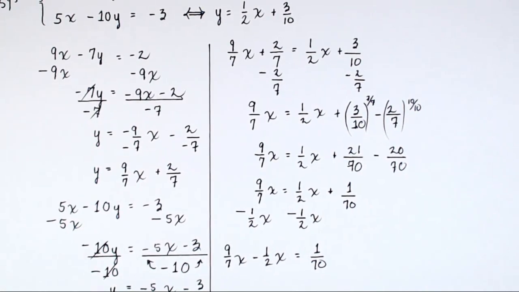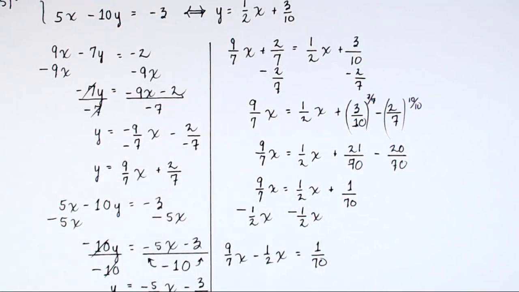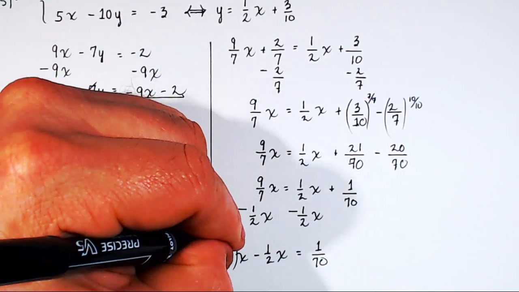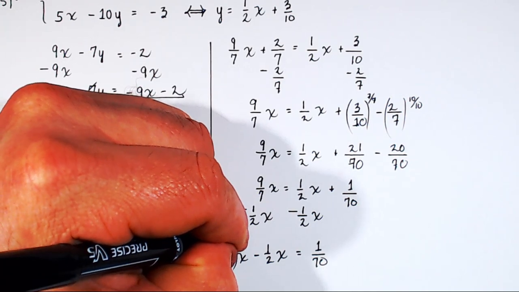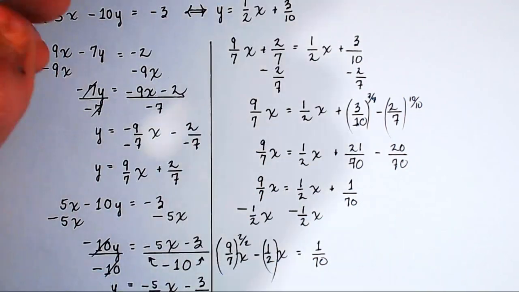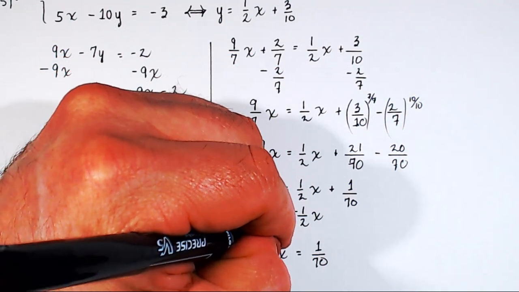Similar to what we were doing before, I have to find a common denominator between these x coefficients. Well, the lowest one that I'm aware of is 14. So again, we have to multiply the 9/7 coefficient by 2/2, and we have to multiply the -1/2 coefficient by 7/7.